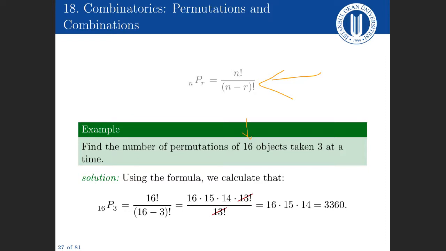Here, the total number of objects, or n, is 16, and we're going to be taking 3 of them. So r is equal to 3. In other words, we're asked to calculate 16 permute 3. We put these numbers into our formula, and I'm going to leave it for you to check that the answer is 3,360.